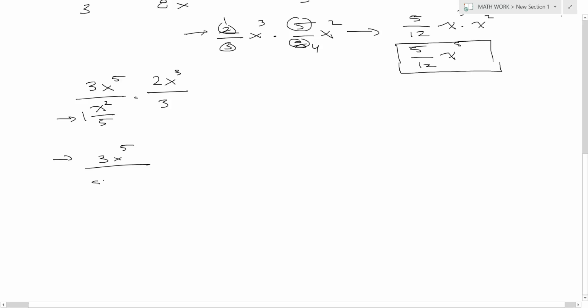So 5 plus x squared divided by 5, and you're going to multiply that by 2x cubed over 3. Nothing has changed except the fact that we converted this. And as we've done in the past, take the reciprocal: 5 plus x squared.